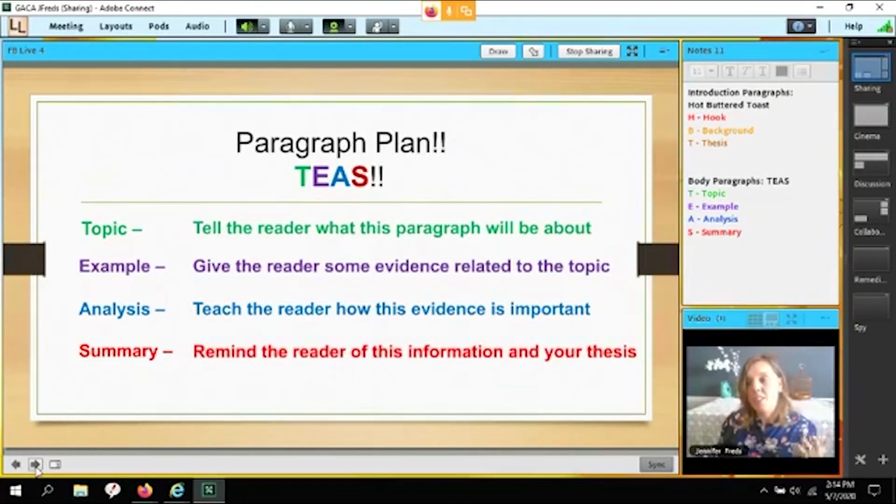And then finally, the summary, that's where you want to tie it all together and connect it back to your central message, because we always want to remind the reader of why we're doing this writing. We want to remind them of our message so they don't forget, and so they take away the thing that we want them to take away. So the 4 pieces for your essential pieces for your body paragraph: topic, example, analysis, summary.